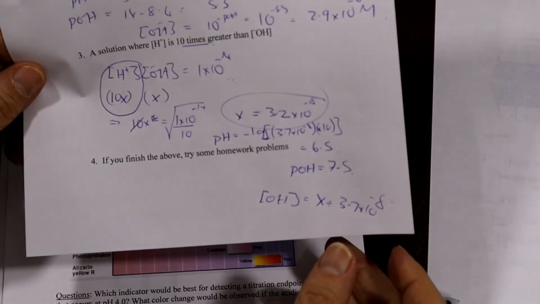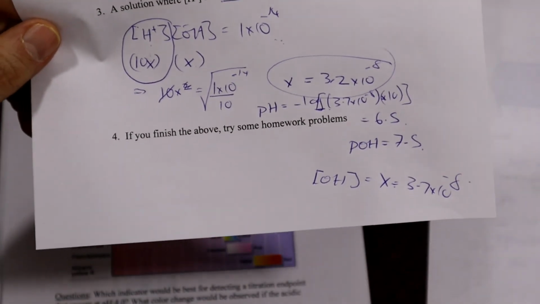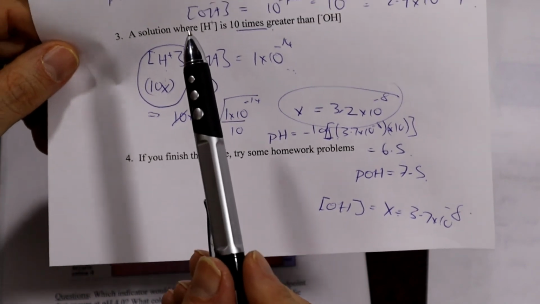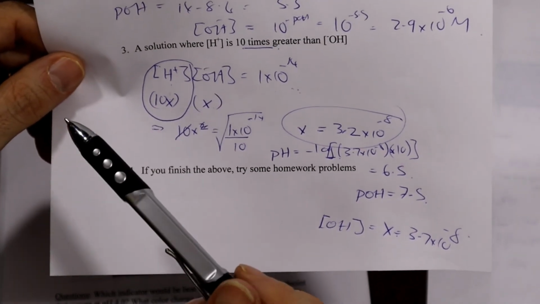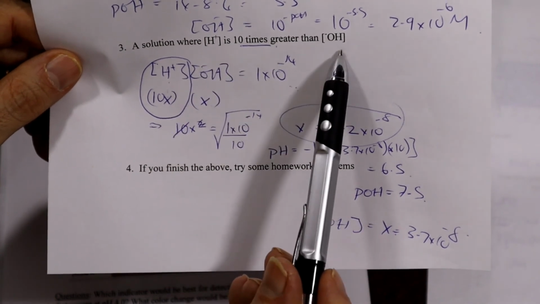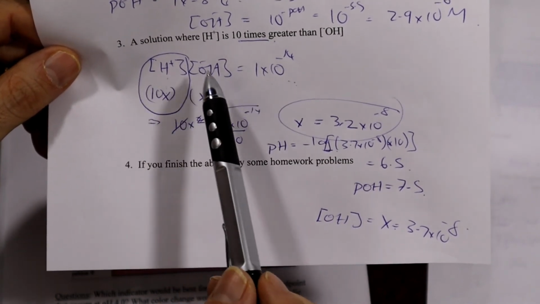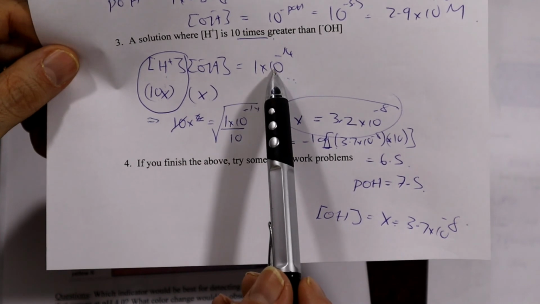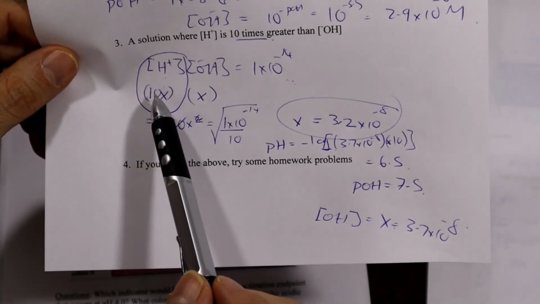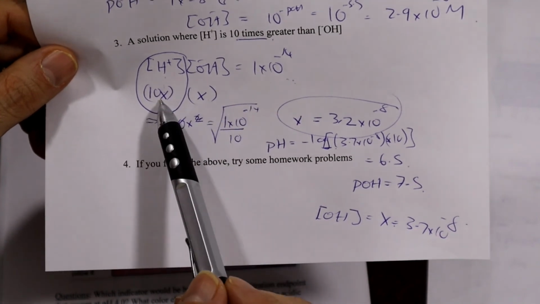Oh, I'm writing off the bottom. There we go, let me just run through it with you. So the question says, what is the pH, the pOH, and the OH minus ion concentration when there's 10 times more H plus than OH minus? So H plus times OH minus is Kw, 10 to the minus 14. There's 10 times more H plus than OH minus, so we don't know how much, call it X and 10X.